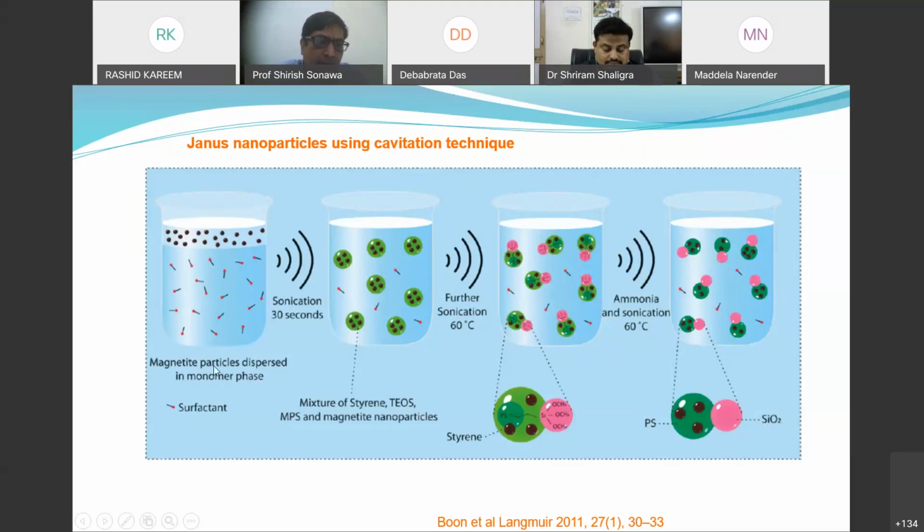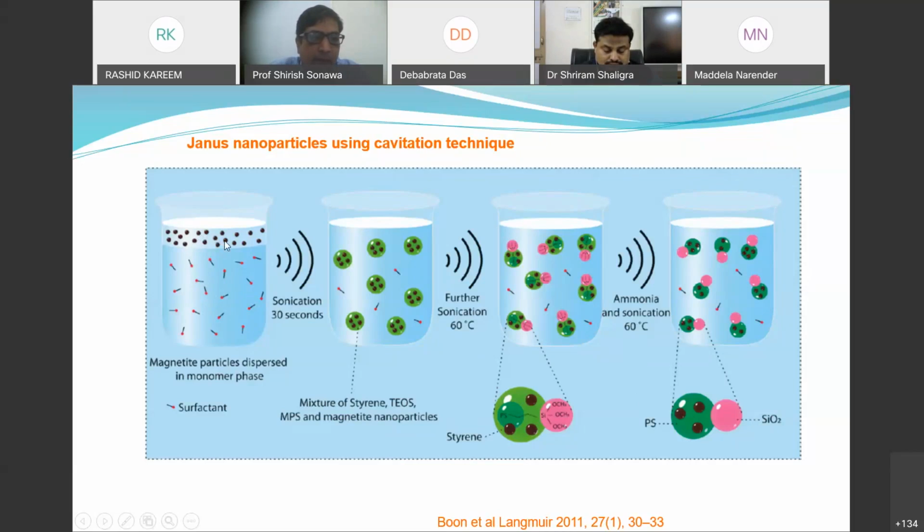Let's say if you have a particle, initially I discussed with you that there is always a two-phase system when the emulsion is being prepared. One phase is an organic phase, which contains your magnetite particles. Then there is an aqueous phase in which the surfactant is added above the critical micelle condition.